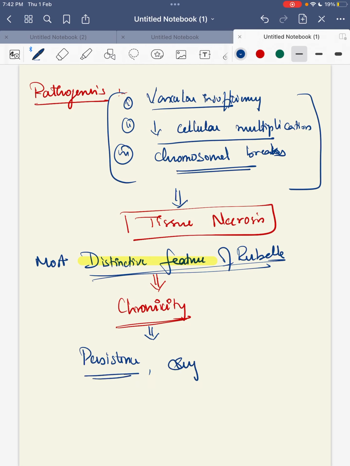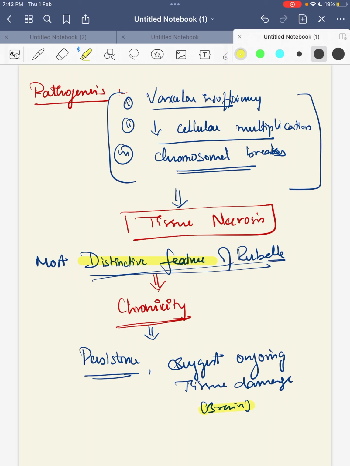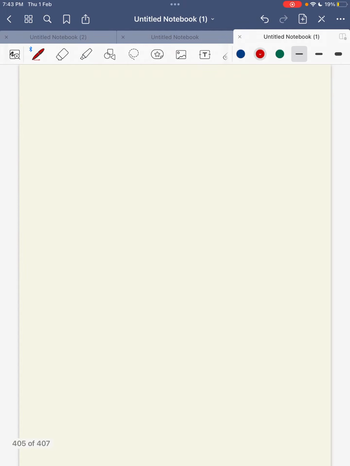Because of persistence of the virus, there is ongoing tissue damage. This ongoing tissue damage is present mainly in the brain. Fine. Next, this is the pathogenesis.